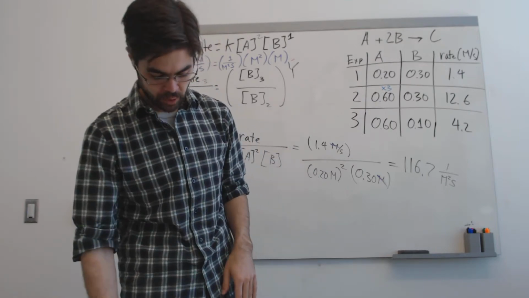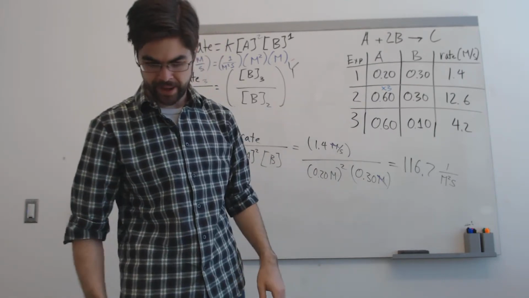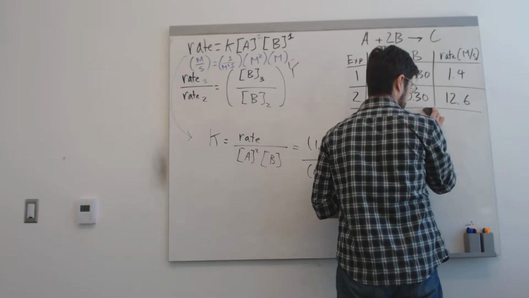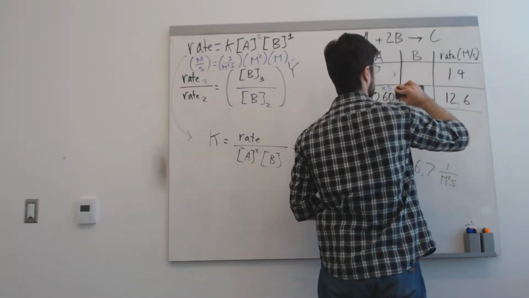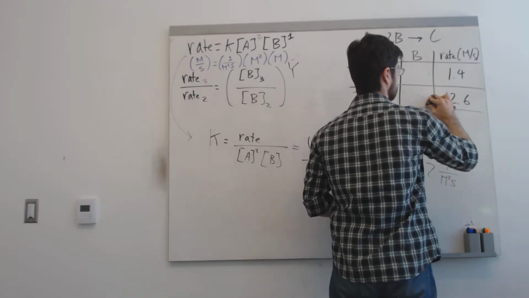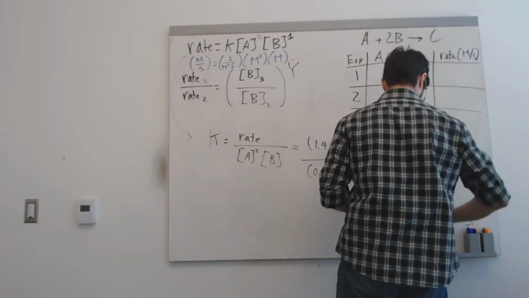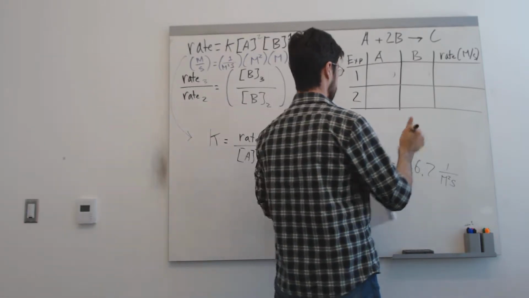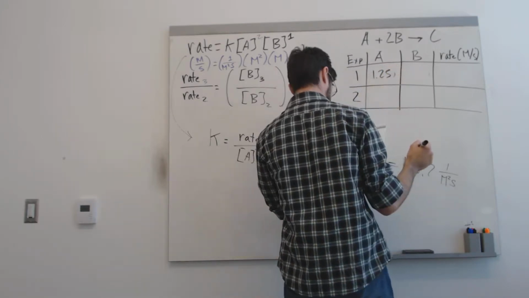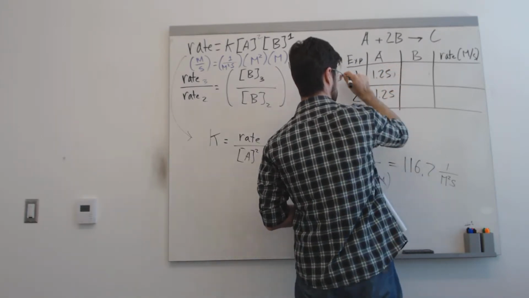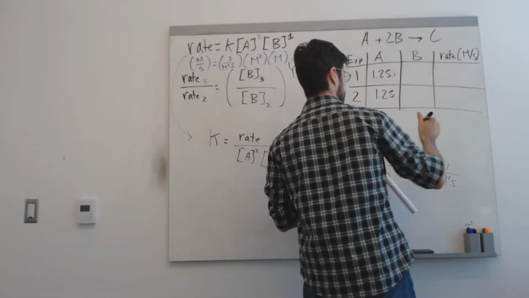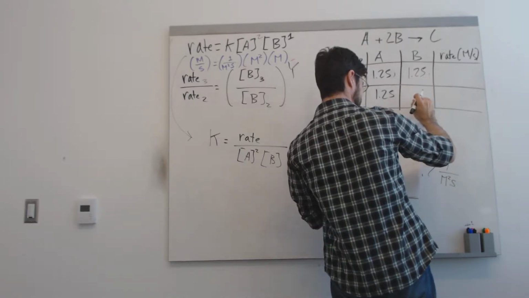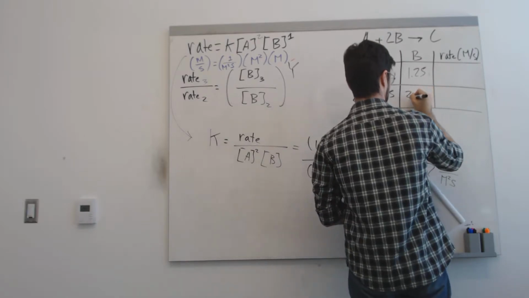So I worked with mostly integer factors there, but let's say I had a slightly more complicated set of data. So I'm only going to look at one particular order here. So let's say this was my data that I was working with: 1.25 molar of A, and I didn't change its concentration between the first and the second step, but I instead changed the concentration of B from 1.25, not neatly into 2.5, but to say 3.02.